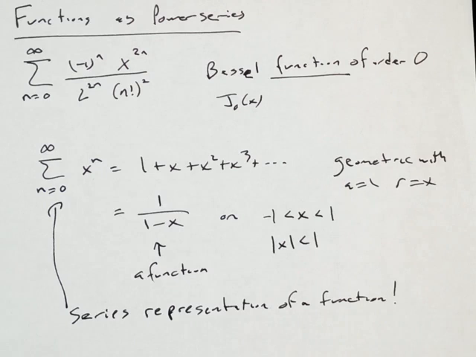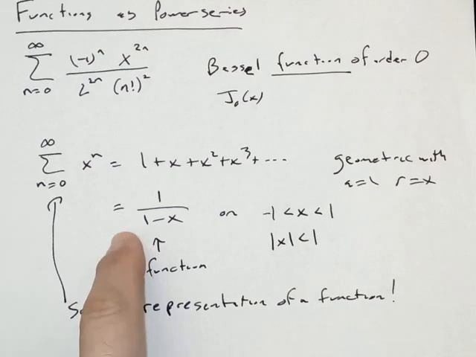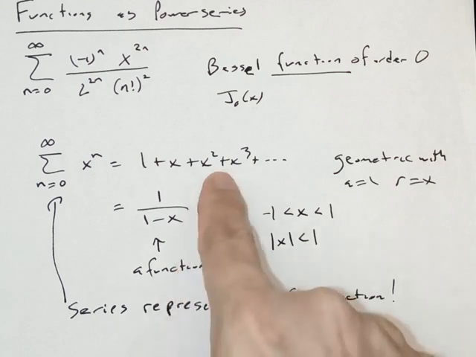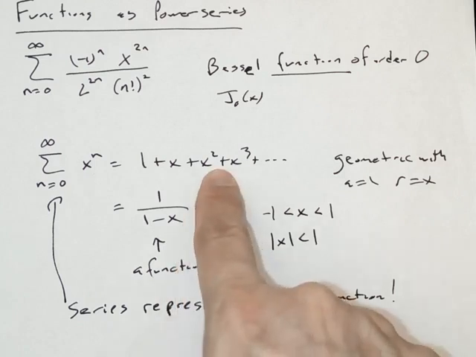Now, ready for the $64,000 question? Why should I care? This function is defined everywhere except x equals 1. Between -1 and 1, I can use this instead.